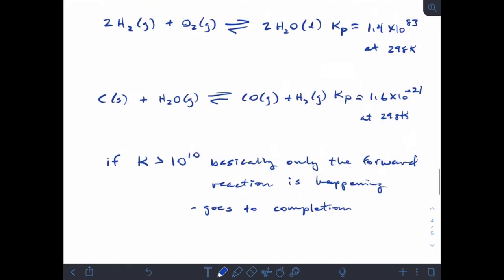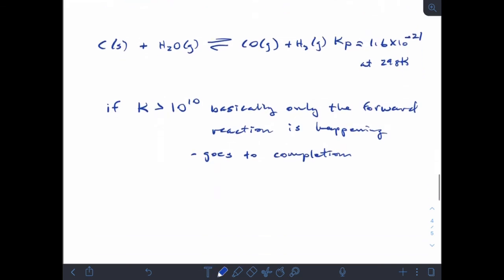Okay, only the forward reaction has any real significance. Okay, if K is large, that means that we're just making water, and an insignificant amount is coming apart in equilibrium. But technically, it is in equilibrium.